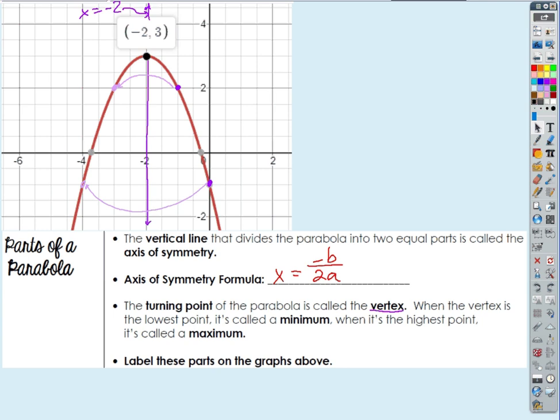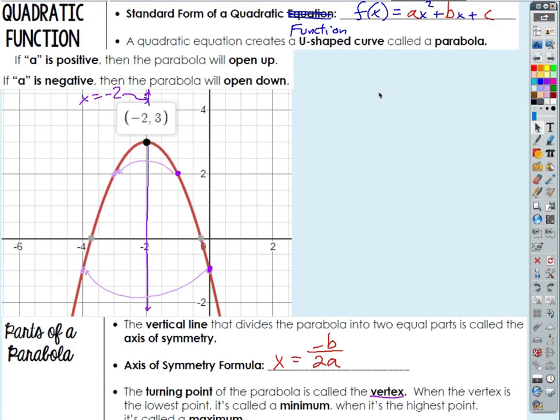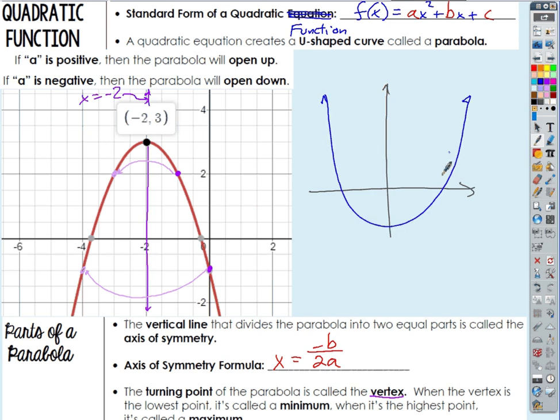When we talk about a turning point for a parabola, think of it this way: if an ant were walking along the parabola from left to right, that's going to be the place where the ant would transition from walking uphill to downhill. Or if the parabola opened upward instead of downward, and the turning point was down here, then it would transition from walking downhill to uphill, right?